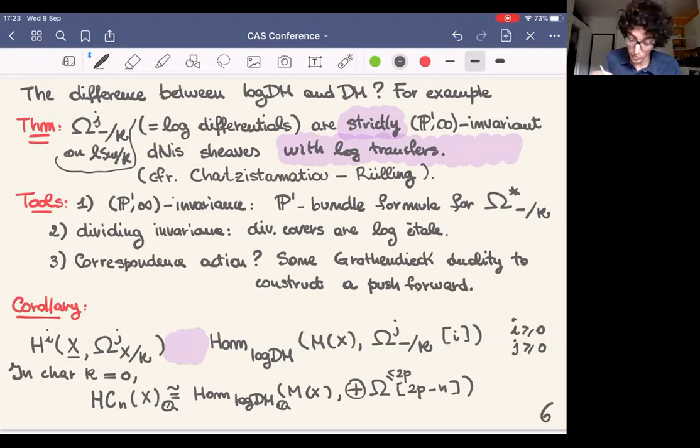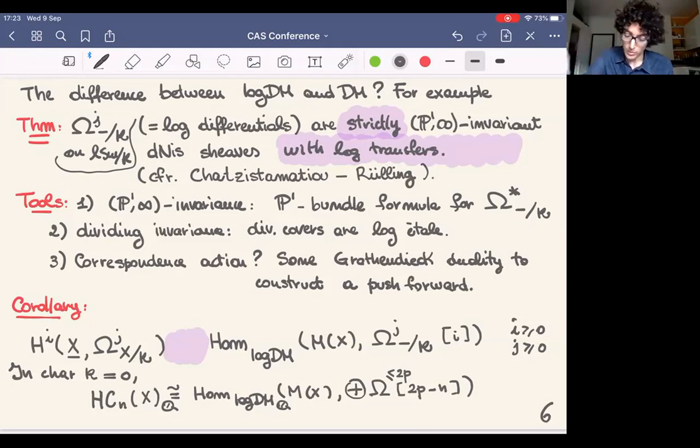There is also, in characteristic 0, a different construction of transfer structure on the differentials, but it doesn't really work for our purposes. Once you do have this theorem, you can say that these omega j's are motives, so objects in logDM, for which you can compute the cohomology.